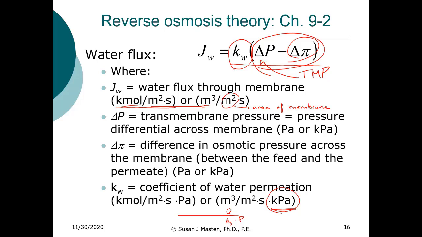So we're both looking at across the membrane surface. This is the transmembrane pressure, so it's the difference in the pressure across that membrane. And this is the difference in the osmotic pressure between your feed solution and the permeate.